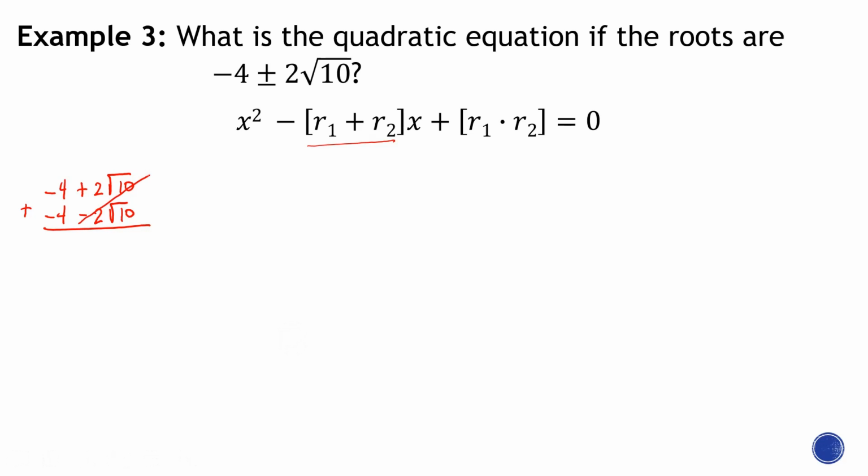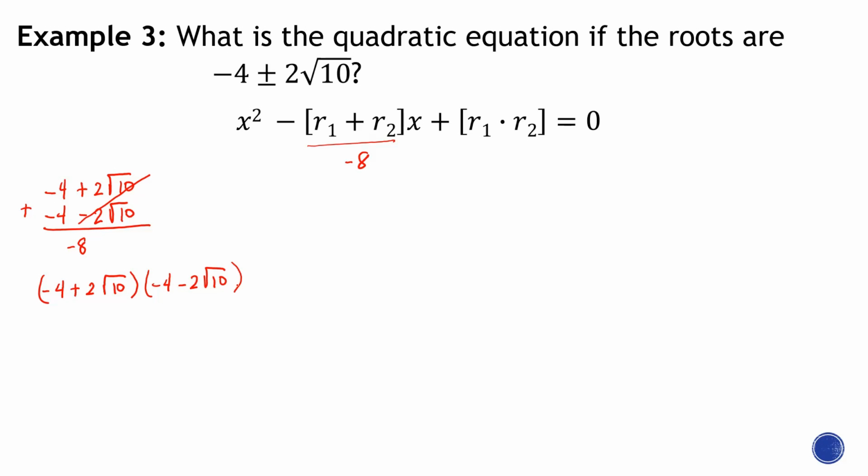So we can cross that out because that will be equal to 0, and this is equal to negative 8. So that's negative 8. Now remember there's a negative sign here. Let's do the product. Negative 4 plus 2 square root of 10 and then negative 4 minus 2 square root of 10.